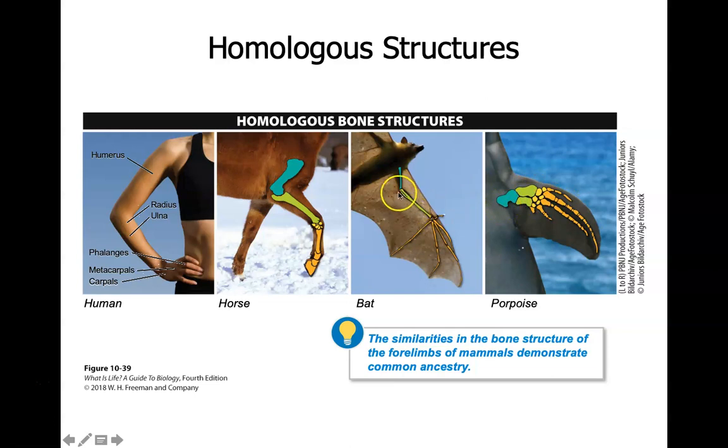And so you can trace these similar structures back to a common ancestor, which is the reason that they're similar, but even though they have a common ancestor, they have adapted to their unique uses and the unique ways that the organism needs them.